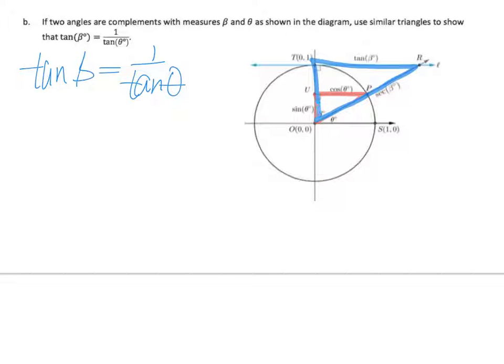We're looking at similar triangles. And that shows us that we have RT, which is that horizontal one, over OT. So we're going the blue triangle. RT over OT is going to be equal to PU over OU.